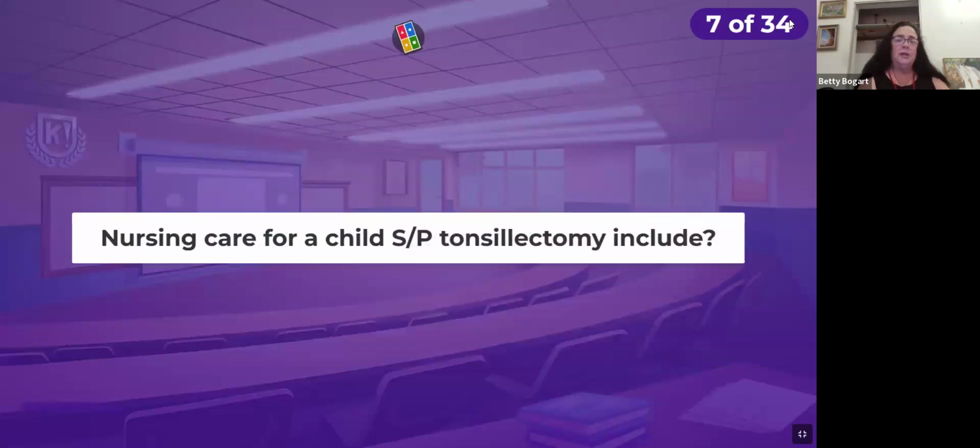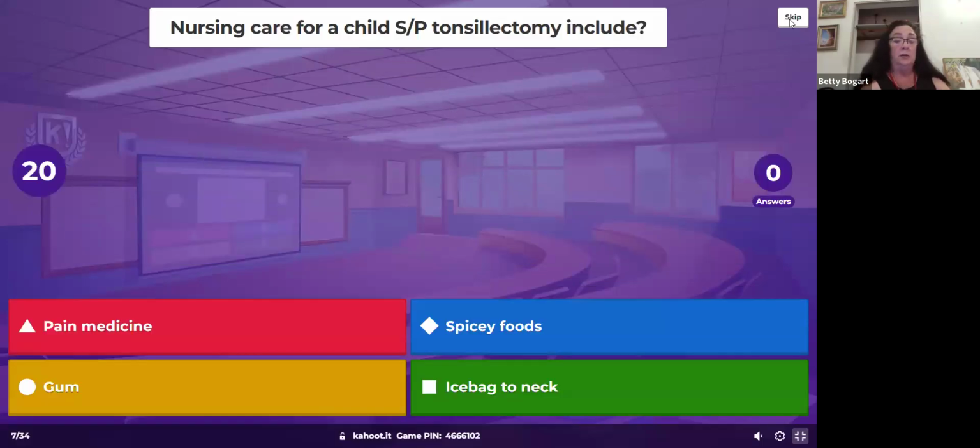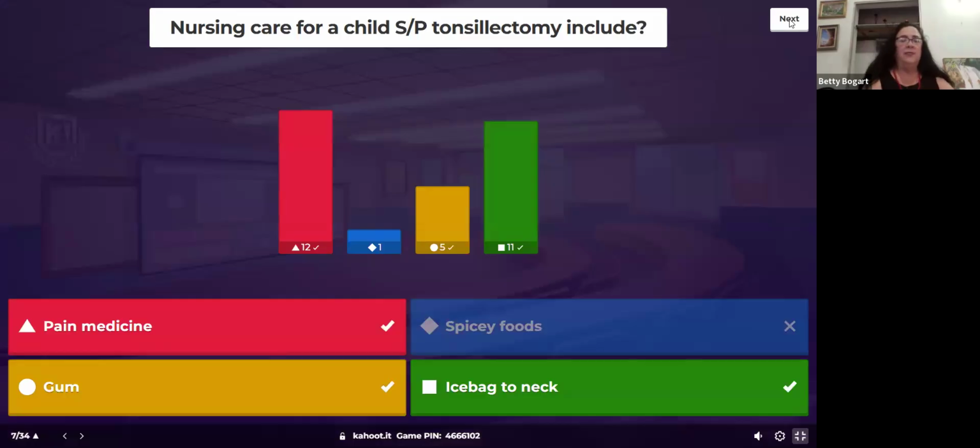Nursing care for a child status post tonsillectomy includes: right after they come out of the OR, our biggest concern is pain, right?